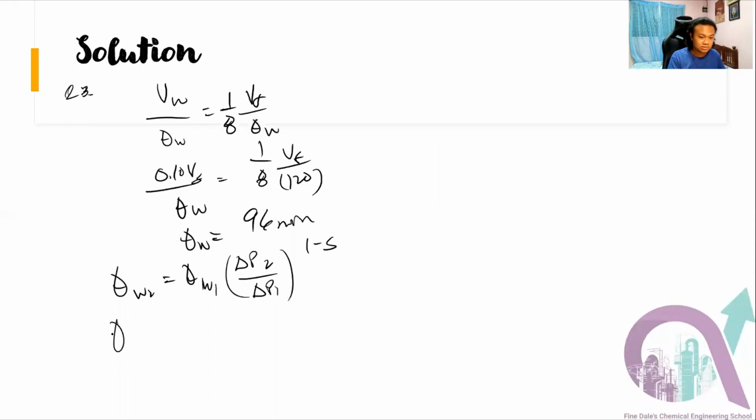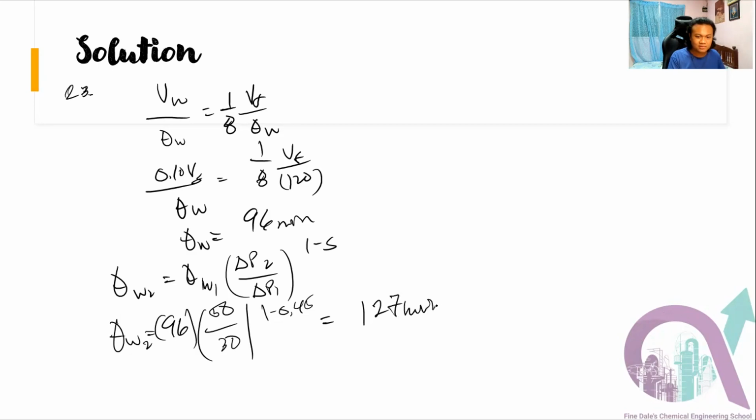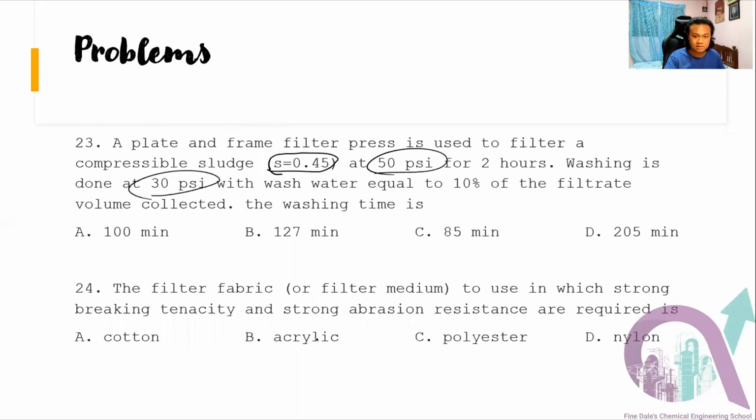So T2 is 96, then it's 50, it's 30, 1 minus 0.45 over 1 minus 0.45, and then you will have 127 minutes. Okay, so that's letter B.